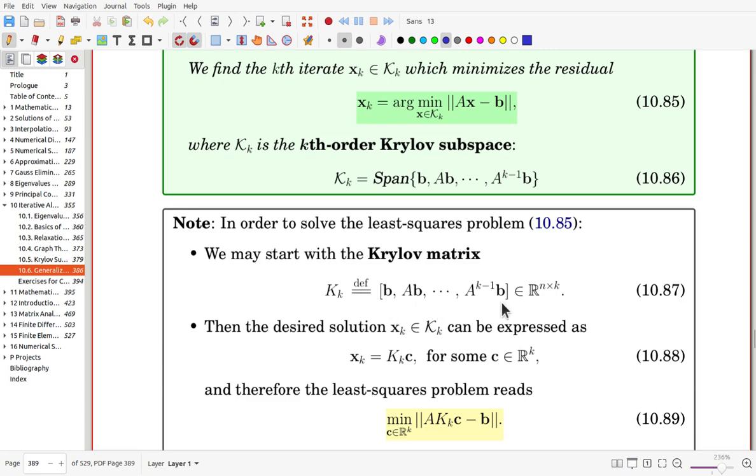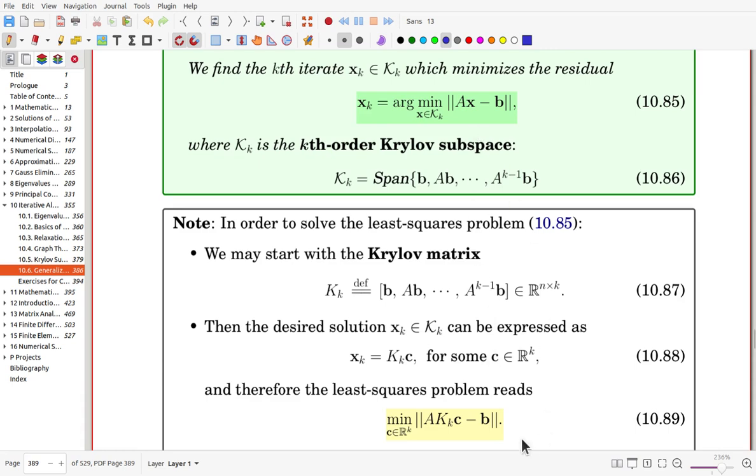The linear combination of these columns can be written with coefficients c, and xk must be given in this way. So rather than Ax minus b, we may write it in this way. So we try to minimize now over c, AKk c minus b.